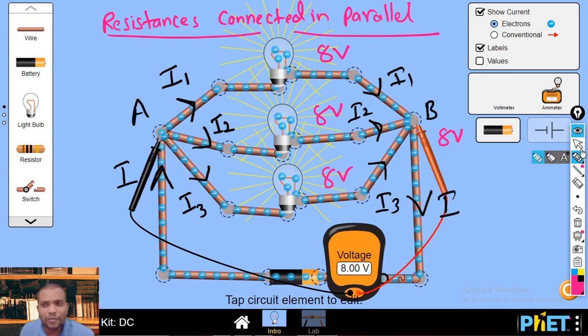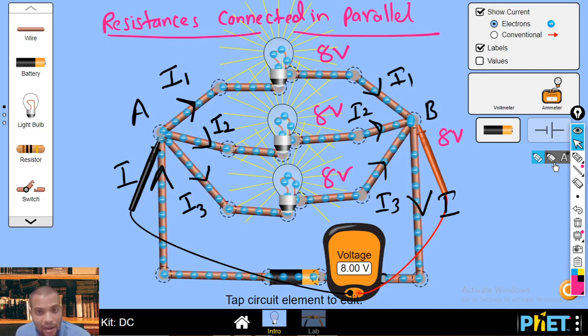So it is something different from series. In series, the potential difference changes and the current remains constant. But in parallel connection, as we have seen here, the potential difference is constant across the three resistances or the three bulbs, but the current value changes.